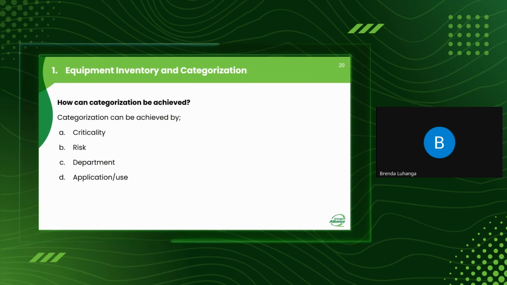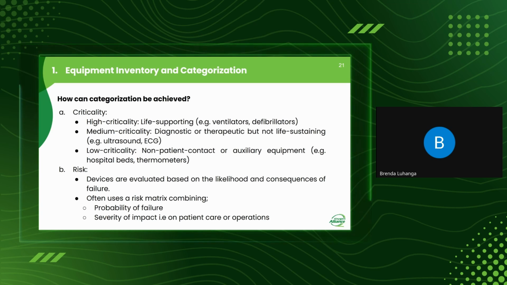You can group them according to the departments that they have been placed in. You can group them according to the risk that they pose, but also their criticality. So in terms of criticality, you can have high criticality medical equipment like life supporting, the medium criticality like diagnostics or therapeutics, and the low criticality equipment as those that are non-patient contact, or supporting equipment like thermometers, BP machines, and so on.